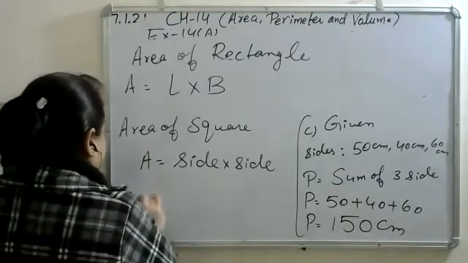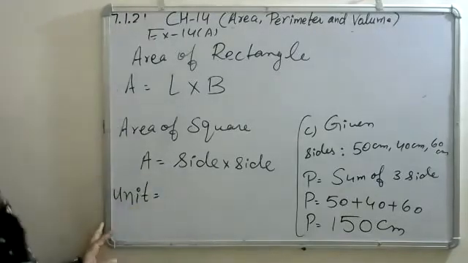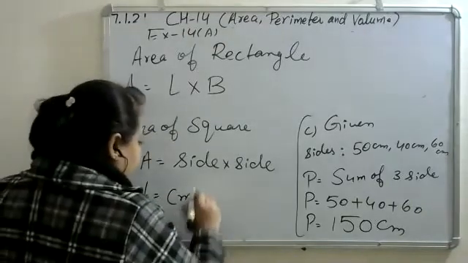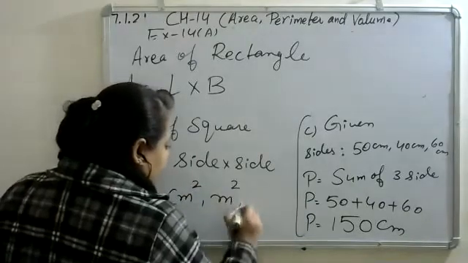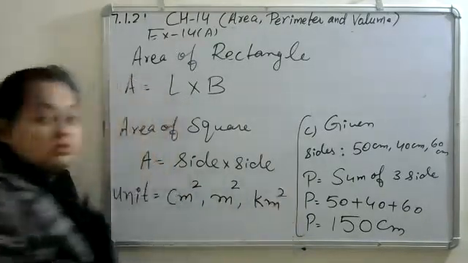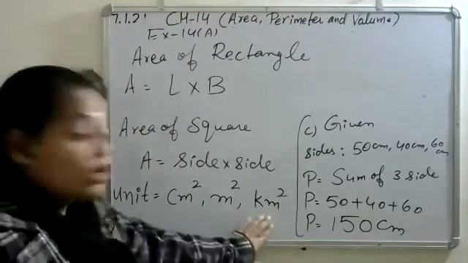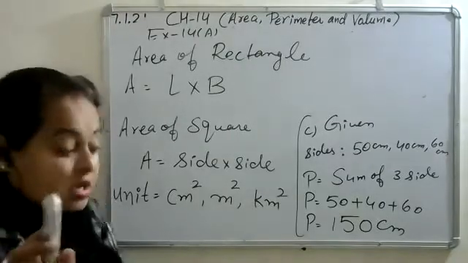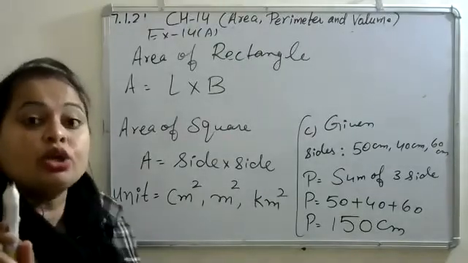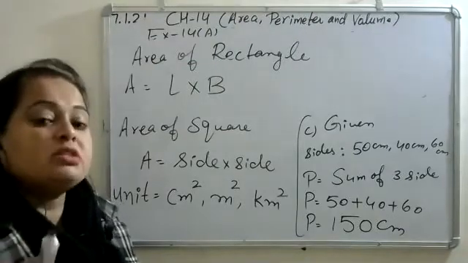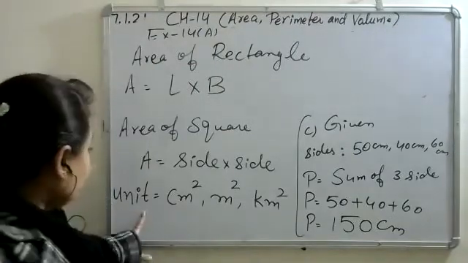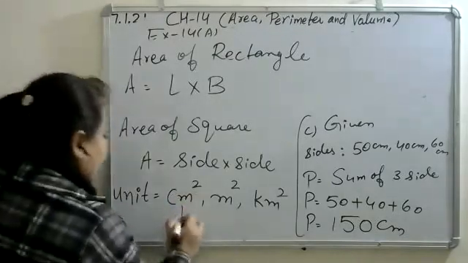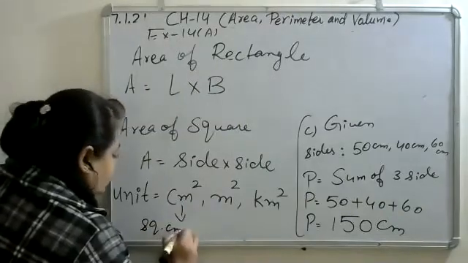Now the unit of area is centimeter square, meter square, kilometer square. These are the units of area. Don't write single centimeter, that is the unit of perimeter. But if the question is based on area, then the unit is centimeter power 2, centimeter square, or you can write square centimeter, your wish.